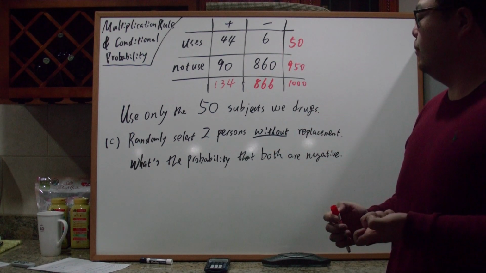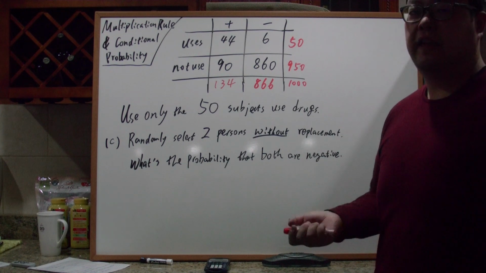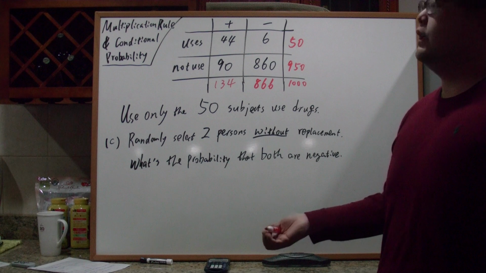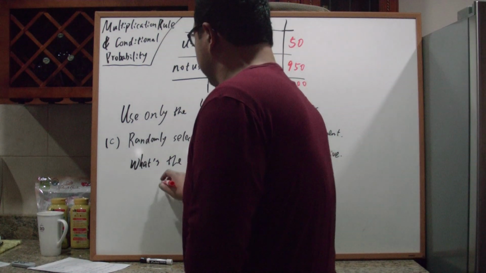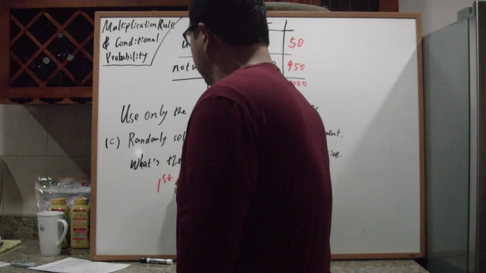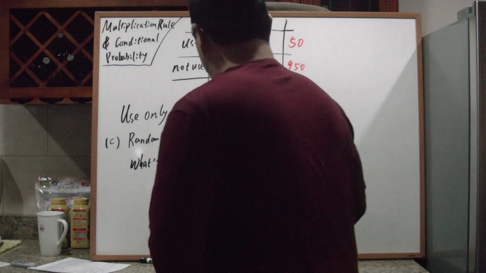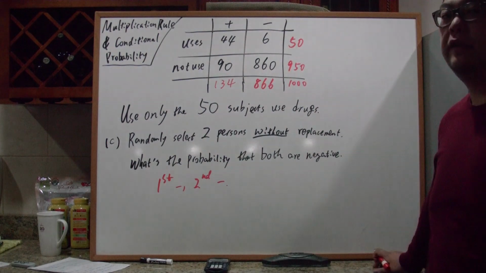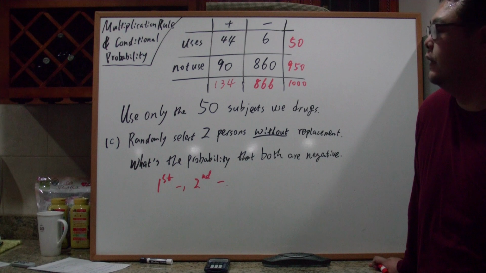Both are negative means the first is negative and the second is negative. Right, that's what both negative means, right? The first is negative as well as the second is negative.